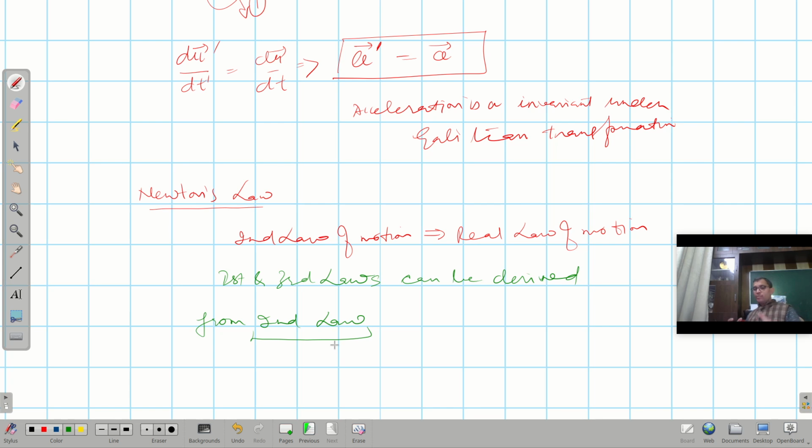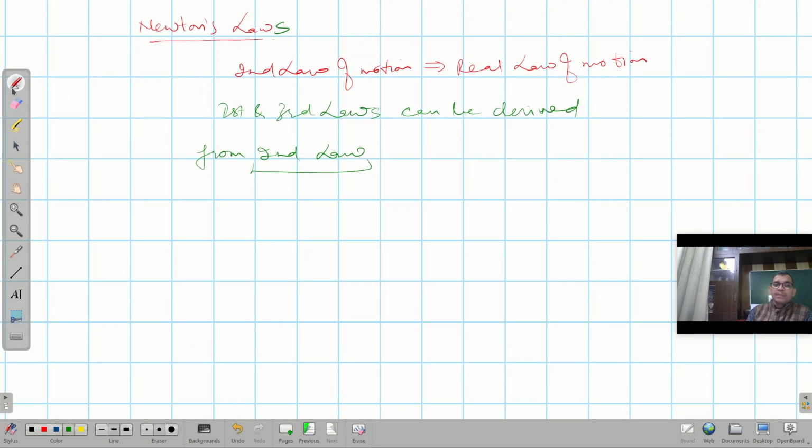If this law becomes invariant, I can say that Newton's laws are invariant under Galilean transformation. As I discussed above, acceleration is an invariant quantity, so I have to start from there.